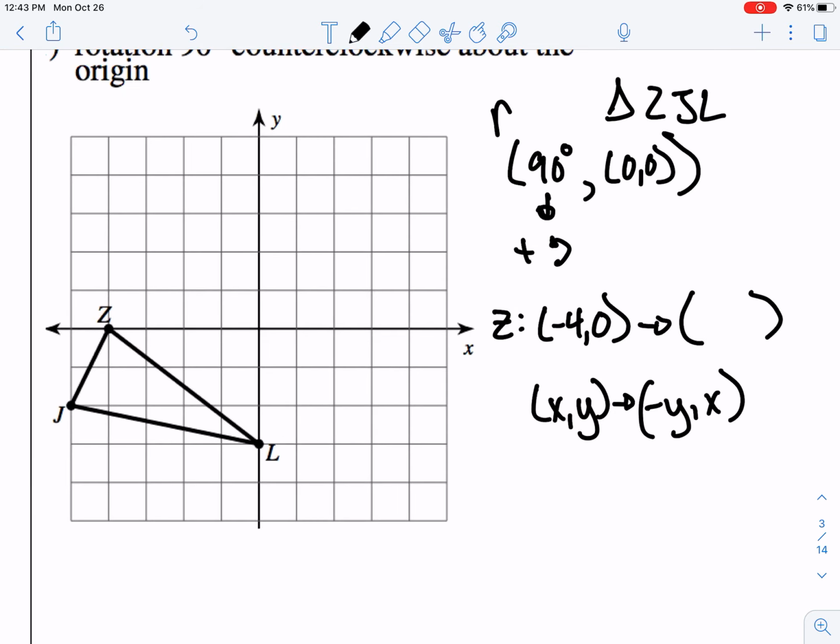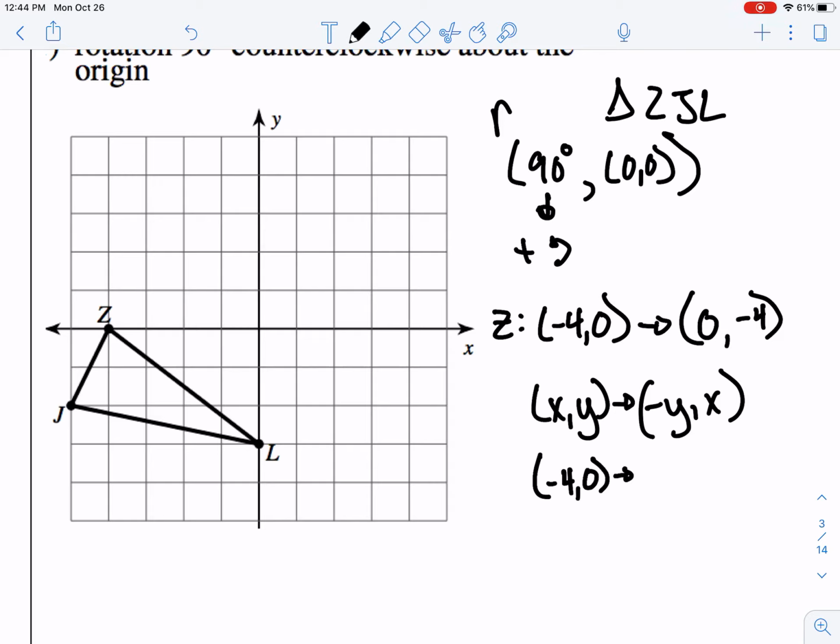So I take my y value, which is 0. I make it negative. So negative y is just 0. Then x does not change, and it's negative 4.